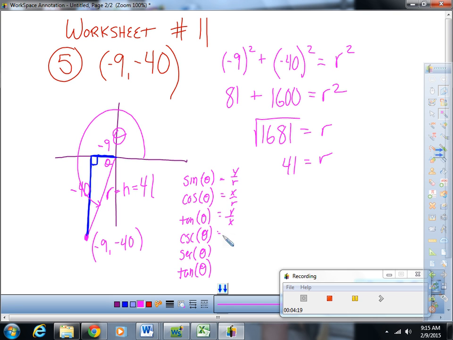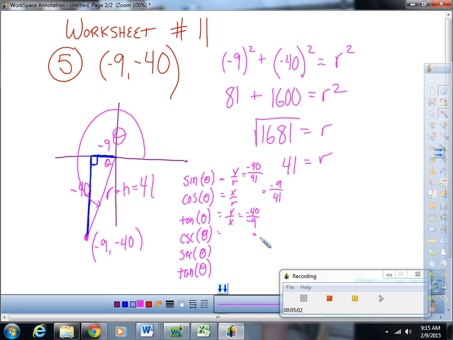Okay? So, sine of theta is -40 over 41. Cosine of theta is -9 over 41. Tangent of theta, -40 over -9. And now we start to flip them.